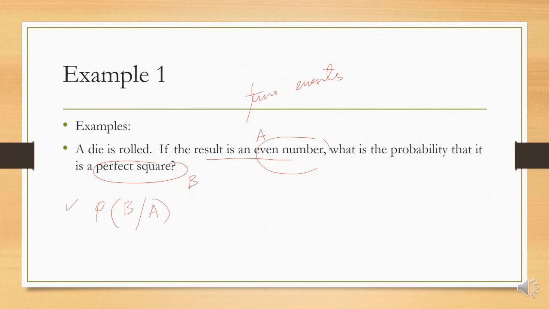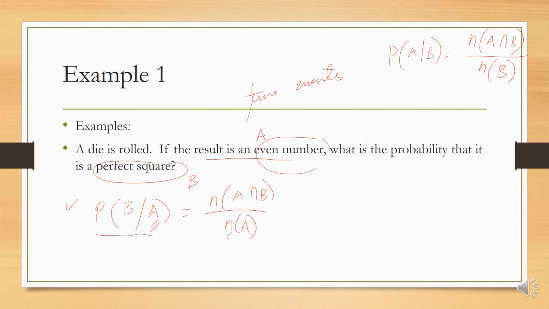So this time, our notation is reversed. Unlike in our previous slide, where it is written like this, N of A intersection B over N of B, this time it will be N of A intersection B still, over N of A. Whatever is down here is your denominator. Because our notation is correct, right? We are looking for the probability that it is a perfect square given that the result is an even number.